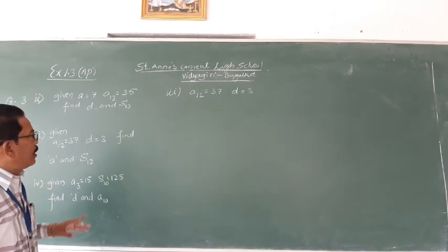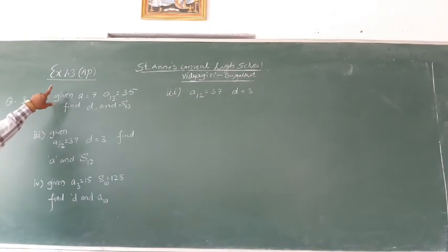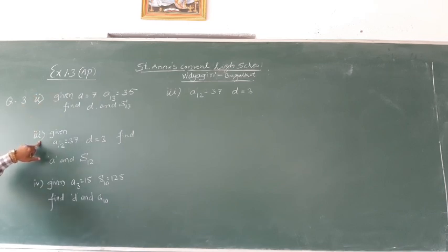Okay, see the third one in 1.3, question number 3. Given a12 equals 37, d equals 3.